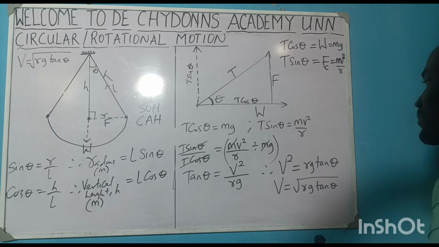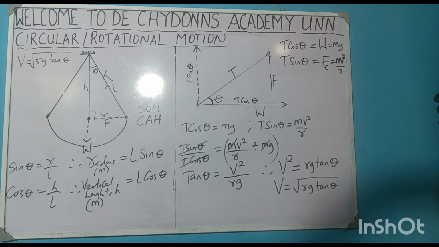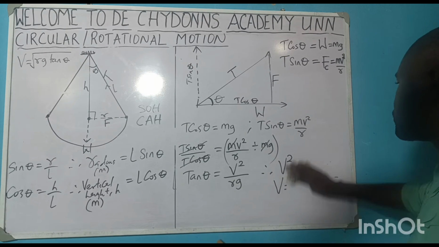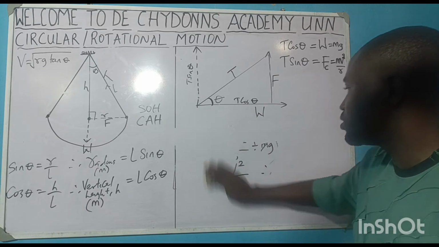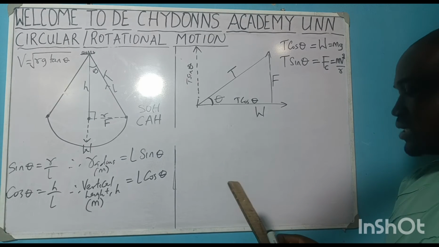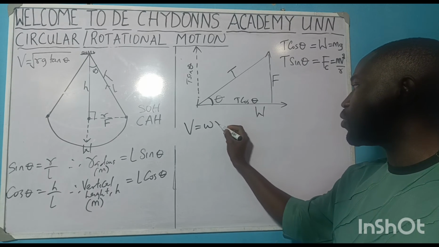Don't forget that. Okay, we move further. Since we have gotten the velocity, let's get the angular velocity. The angular velocity of a body that undergoes circular motion. Now, to get the angular velocity, remember that we noted that V is equal to WR.